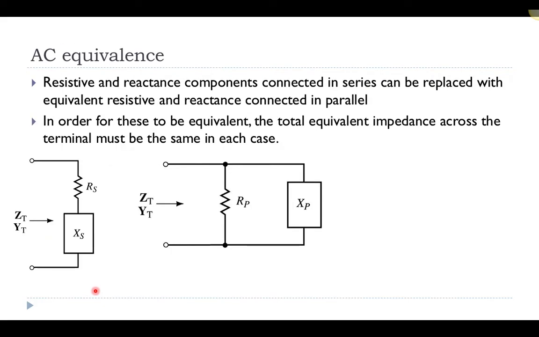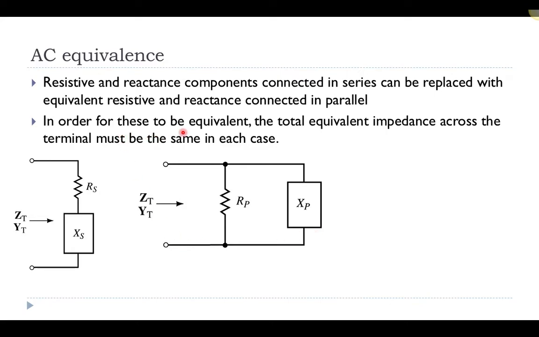So the first thing is the AC equivalent. We can take components that are connected in series, so I have some overall resistance and some reactance piece connected in series, and I can replace that with a parallel resistance which is in parallel with some parallel reactance piece.